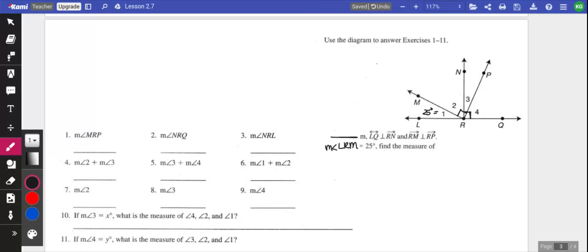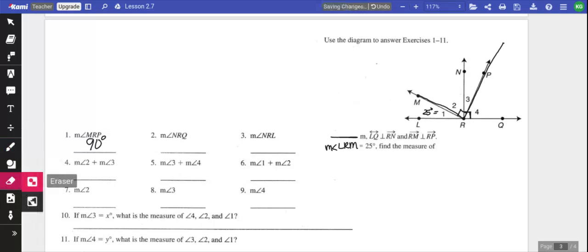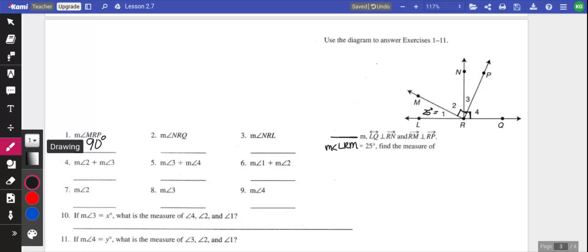Find the measure of each of the following. So if we know angle 1 is 25, now it wants MRP. Well, MRP right here is 90 because it makes that right angle because it's perpendicular. NRQ right here, also 90.